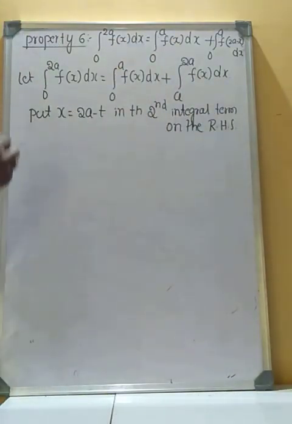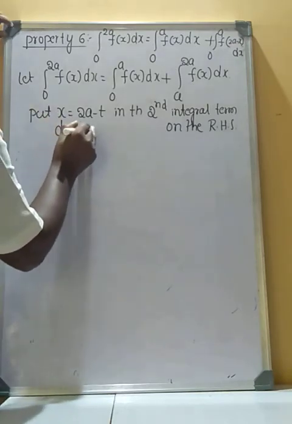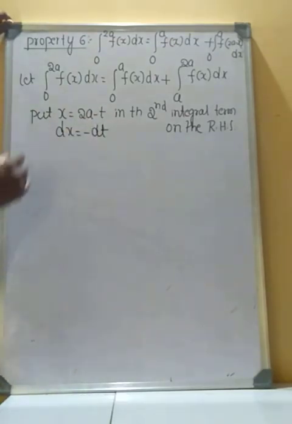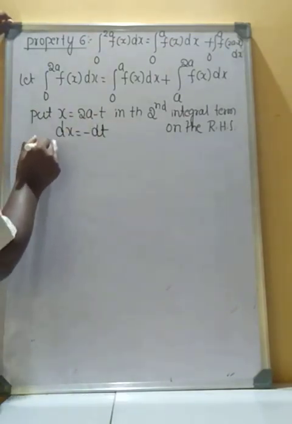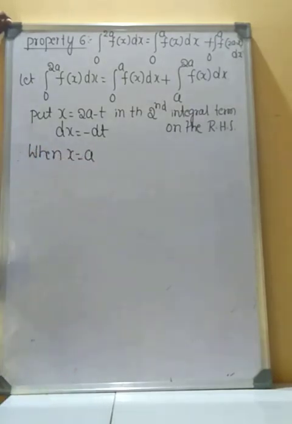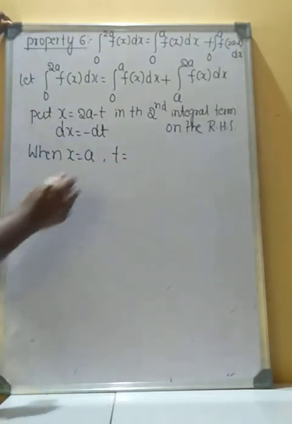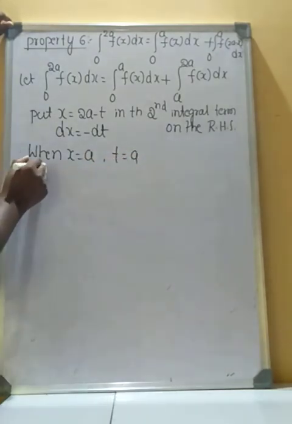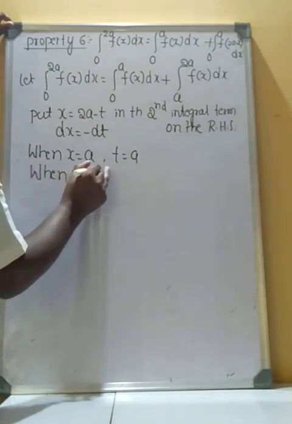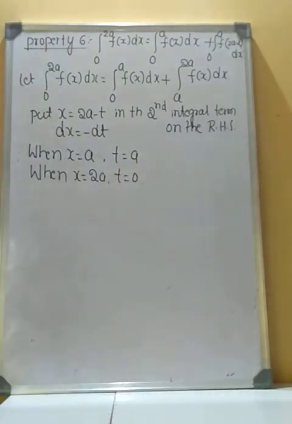Now differentiate with respect to x: dx is equal to minus dt. When x is equal to a, then t equals a. When x is equal to 2a, t equal to 0.